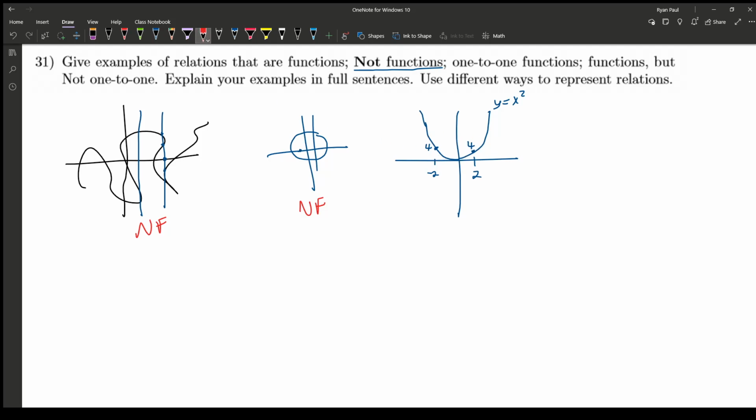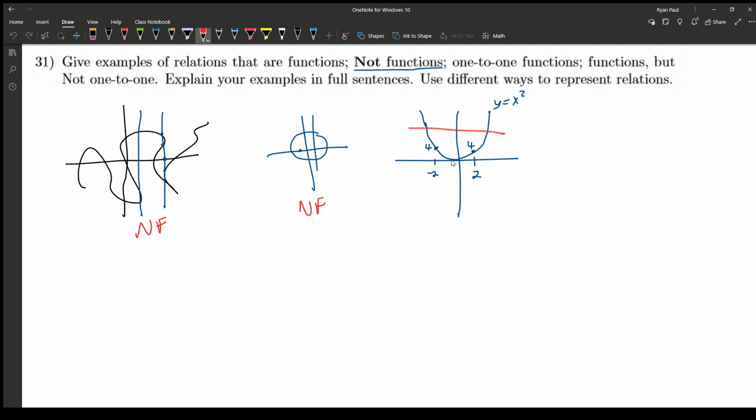Now, another way you could tell if a function is not one-to-one is by simply doing a horizontal line test. So that's the opposite of the vertical line test. And what this will indicate is if a function has an inverse or not in its full domain.